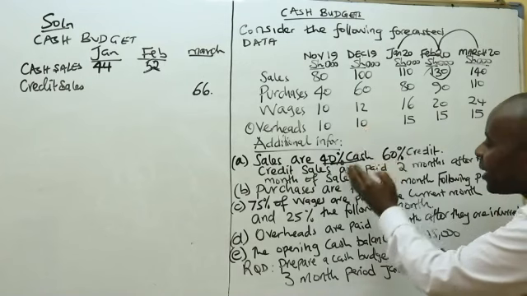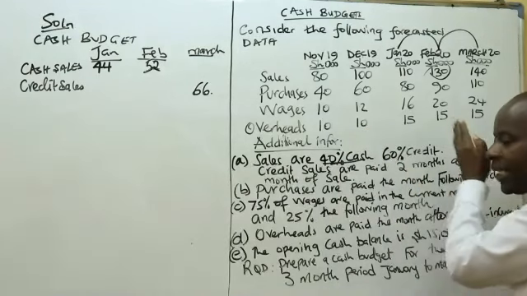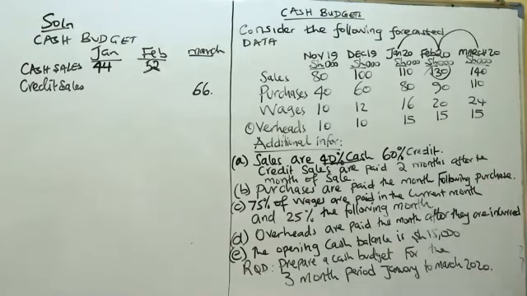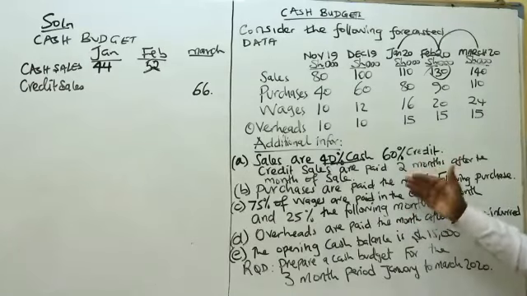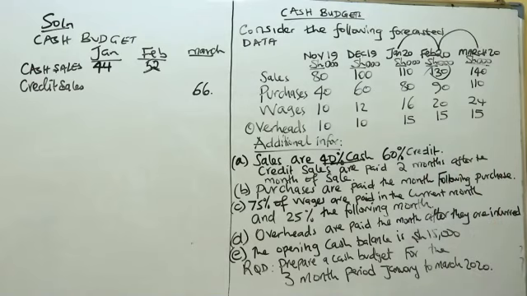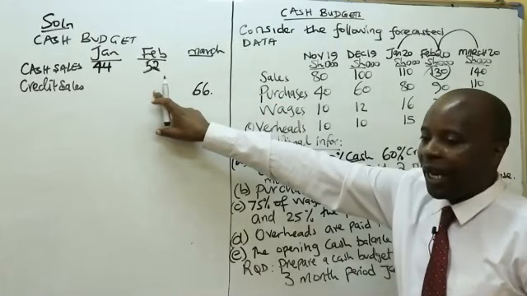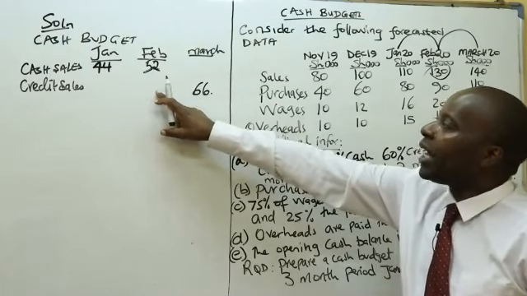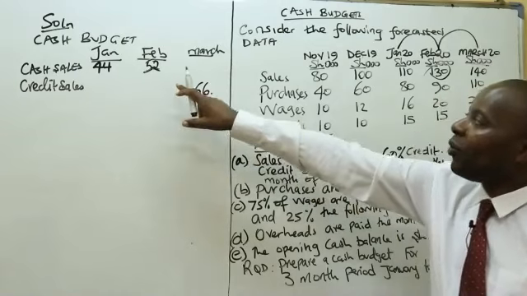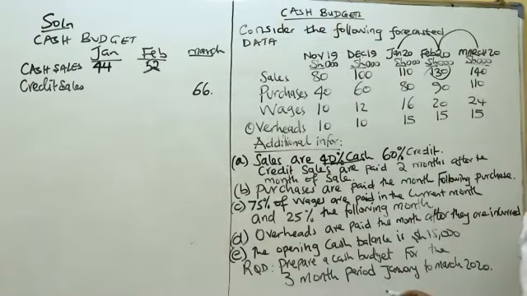Sales are 40% cash, 60% credit, and the credit sales are paid 2 months after the month of sale. So whatever sales we had on credit in the month of February will be coming to us in the month of April, which is beyond our budget period. Our budget period, ladies and gentlemen, is January to March 2020.